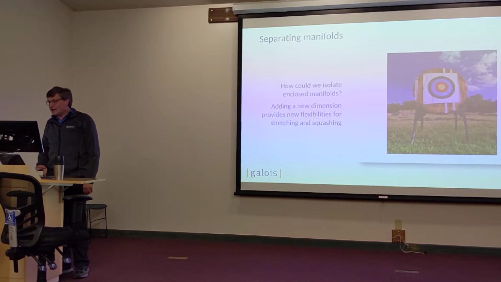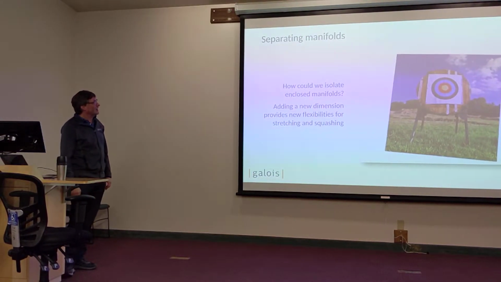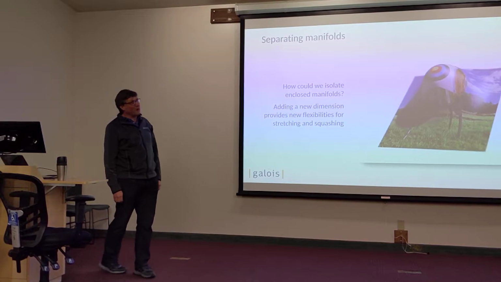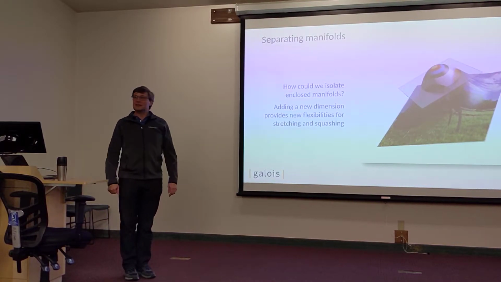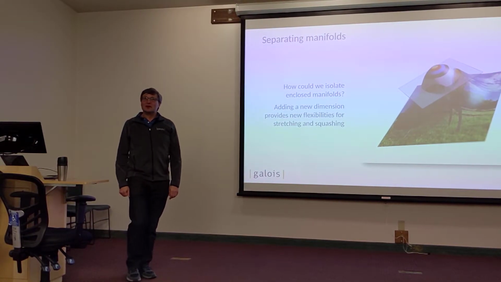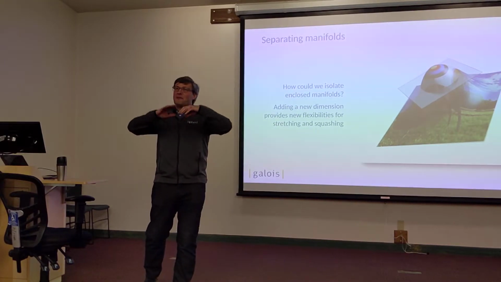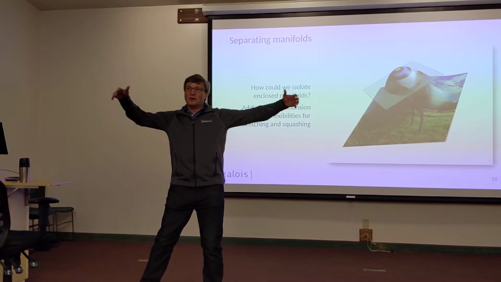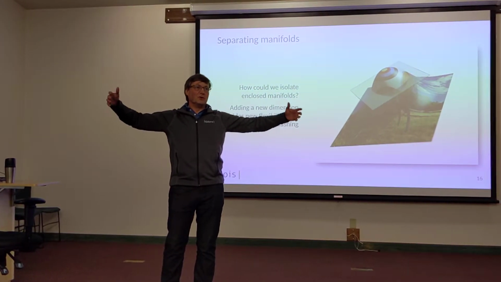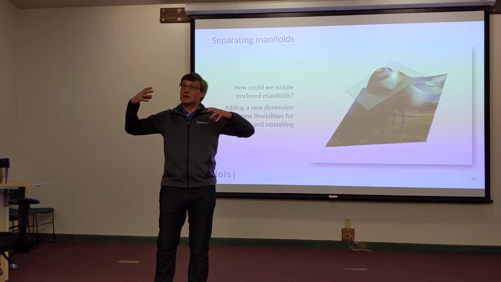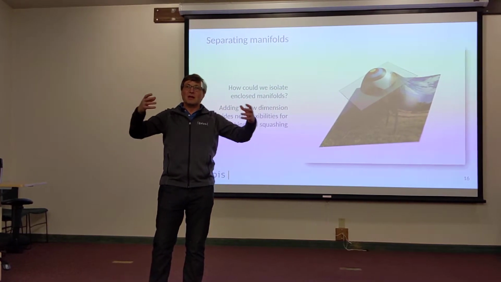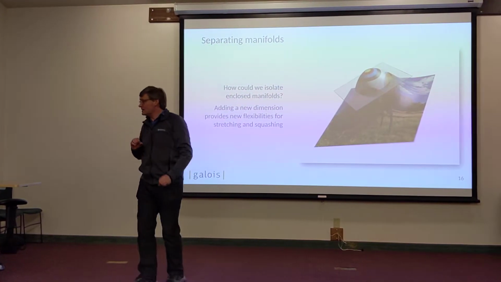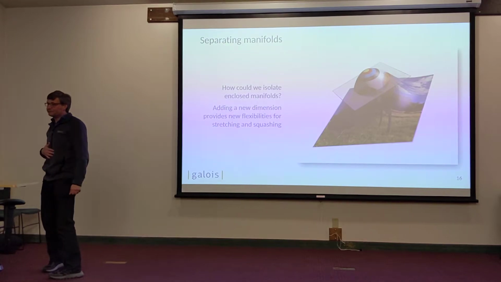But if you add an extra dimension and start stretching it that way, then indeed you can cleanly separate it. So even though we started out with a vast number of dimensions, we may actually add more dimensions in order to give us more flexibility in stretching and squashing to be able to separate the stuff that otherwise would actually be entirely contained by other things.